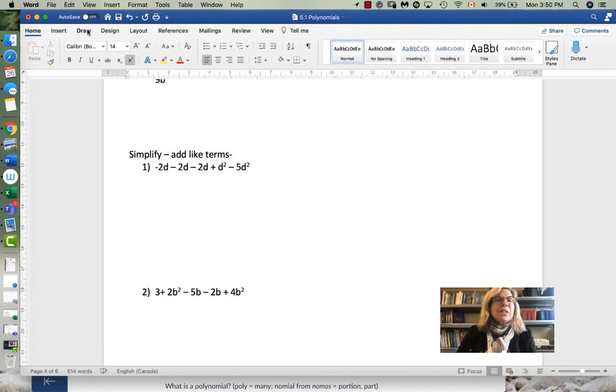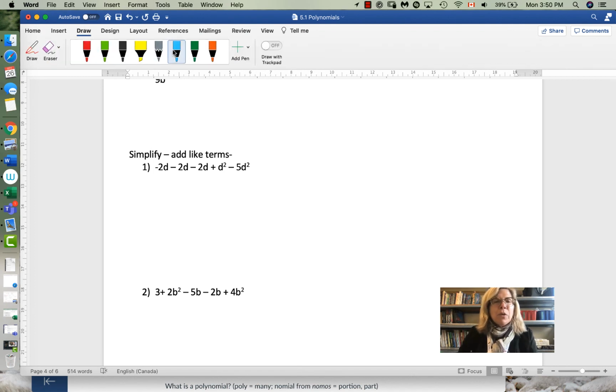Okay, here's the last thing I want to share with you before I take off. So you're going to be asked to simplify and to add like terms, and the way you do that is adding like terms. So for instance, if somebody gives you this series of terms, minus 2d, minus 2d, minus 2d, plus d squared, minus 5d squared. Well, you can sort of make it into buckets.